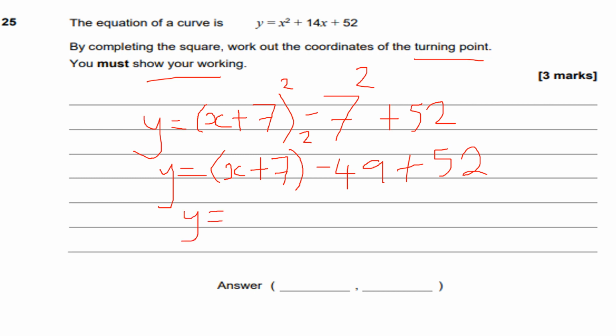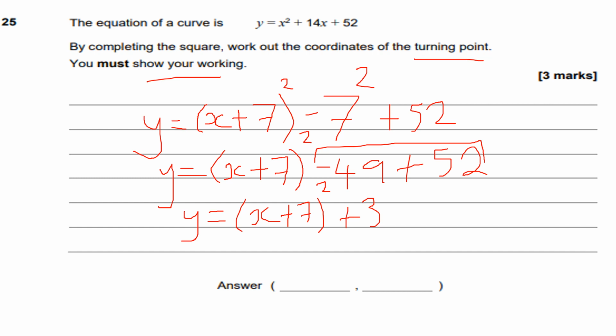So y is equal to x plus 7 all squared, and then I'm going to have plus 3. When you simplify that, it's the same as saying 52 take away 49, so minus 49 plus 52 simplifies to the number 3.